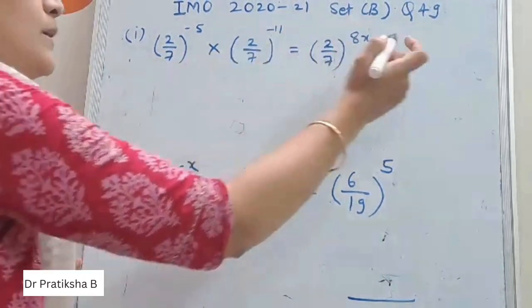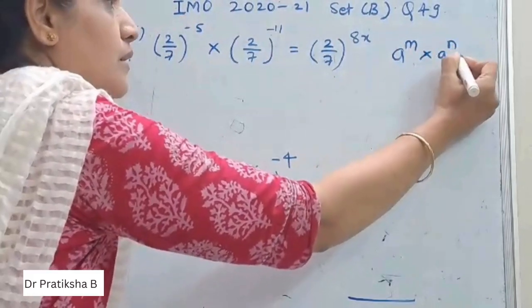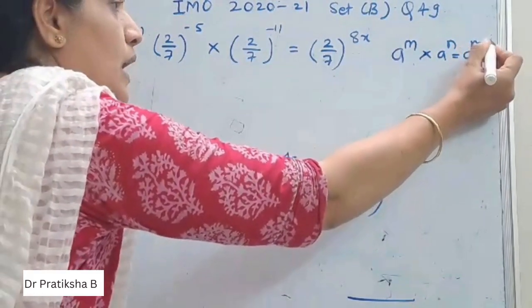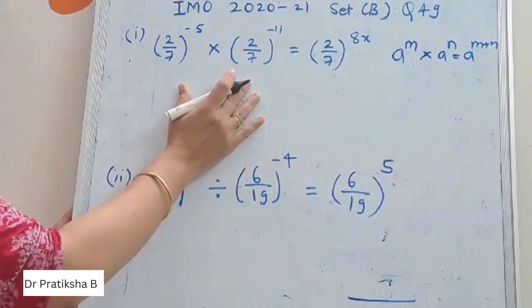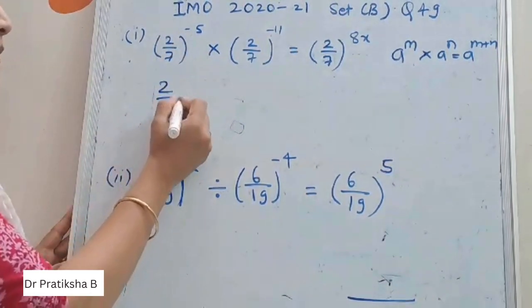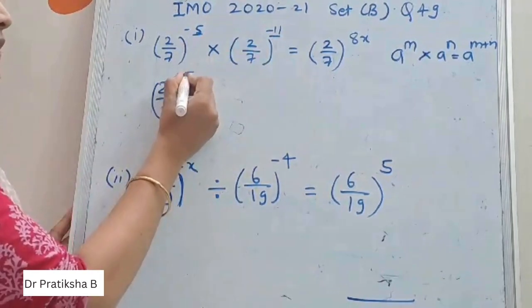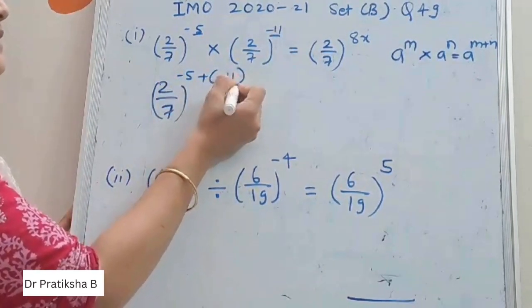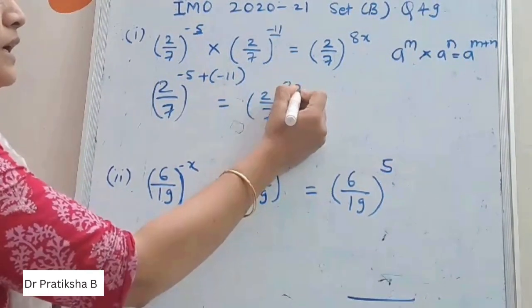Here, same base. So the formula a raised to m into a raised to n is equal to a raised to m plus n, you can apply. Let us simplify the first problem now. Here the base is common, so a is 2 by 7, and m and n are minus 5 plus minus 11, which gives you 2 by 7 raised to 8x.